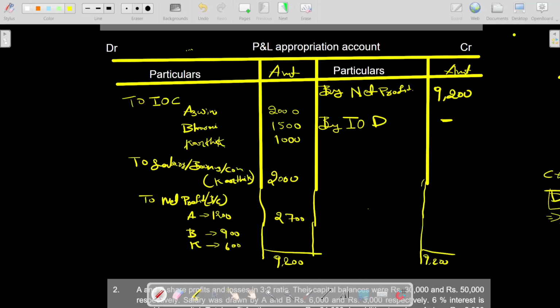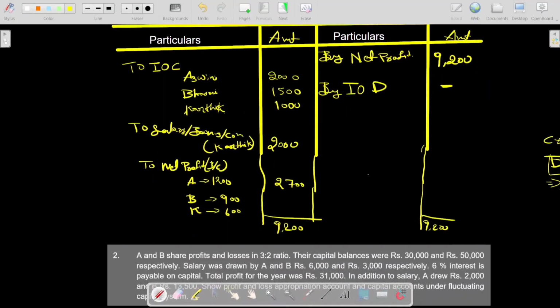Right, and this is the P&L appropriation account.